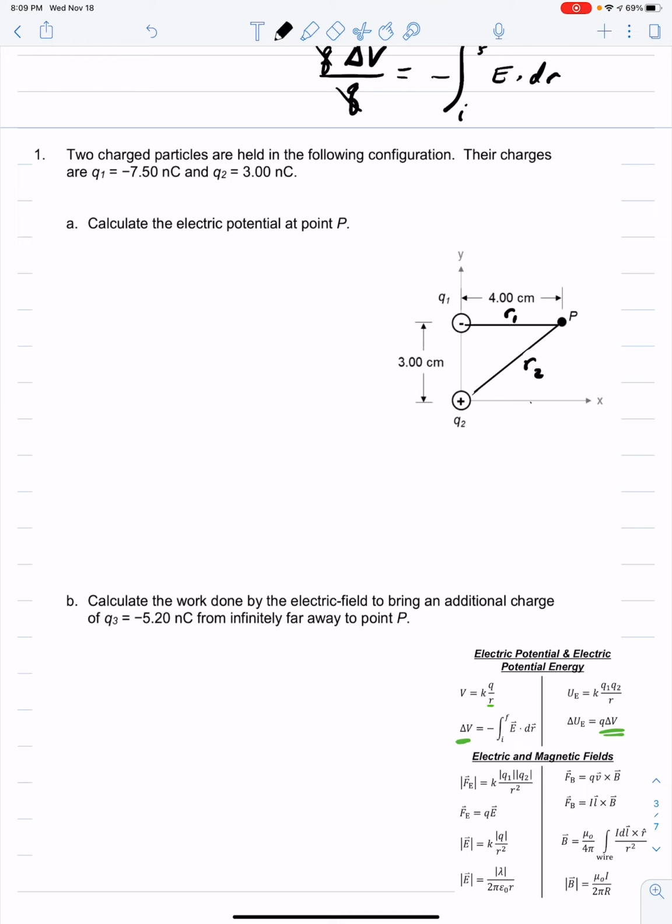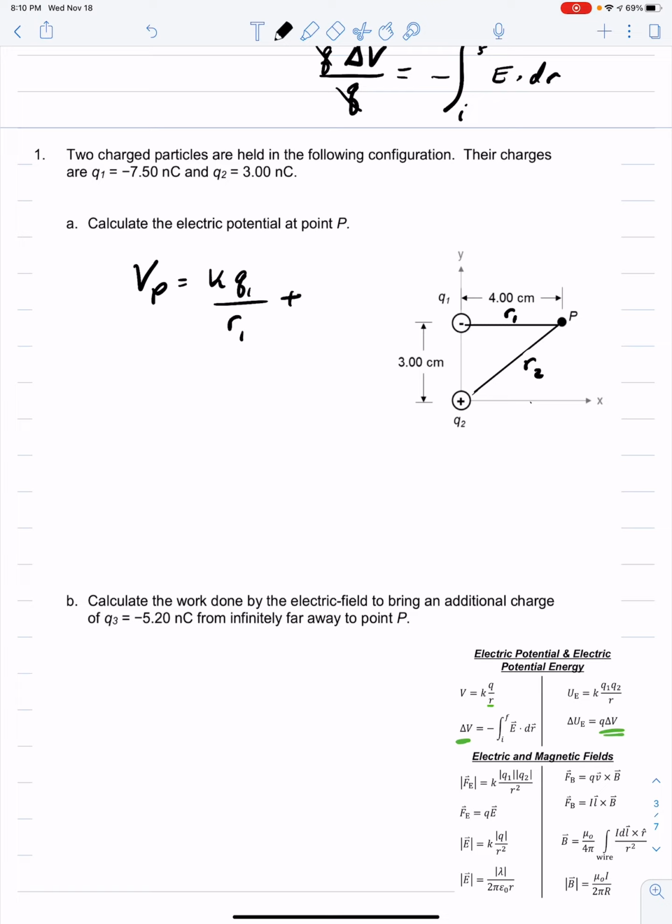All you have to do to find the electric potential at P is write K, Coulomb's constant, times the charge 1 over R1. That is the electric potential with respect to P from charge 1.